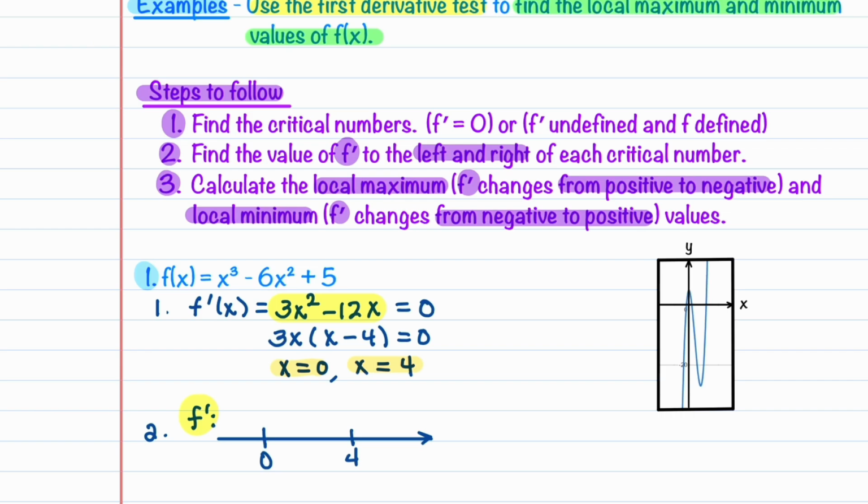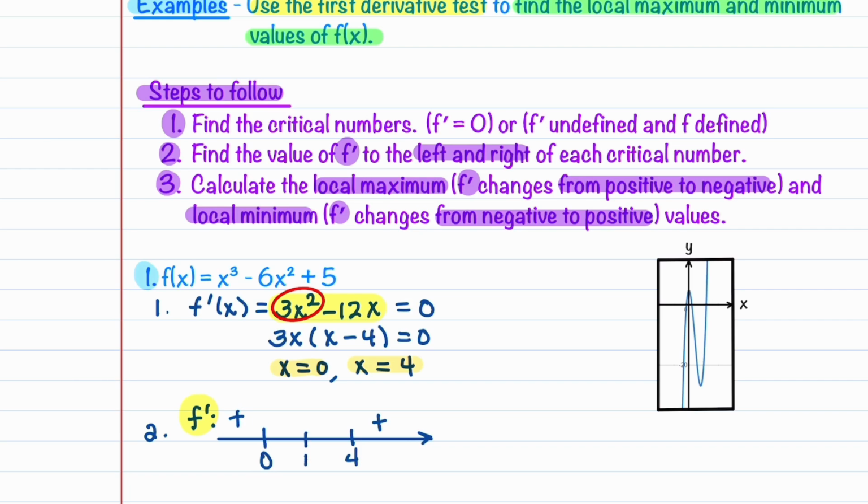Because f prime is a polynomial, when we look at the regions to the left and right of our critical numbers, we only have to look at our leading term, which is x squared. That term is positive, so we know that to the left and right, f prime is going to be positive, and then all we have to do is pick a point in the middle.